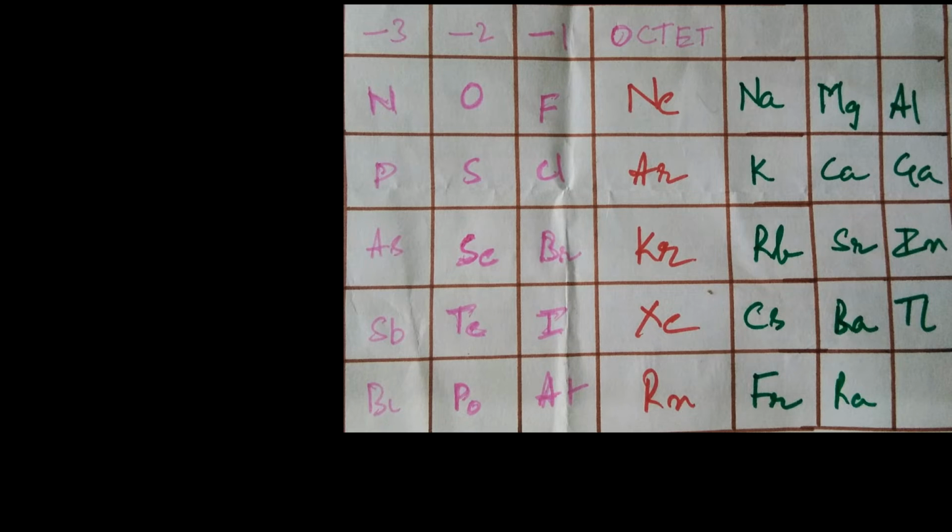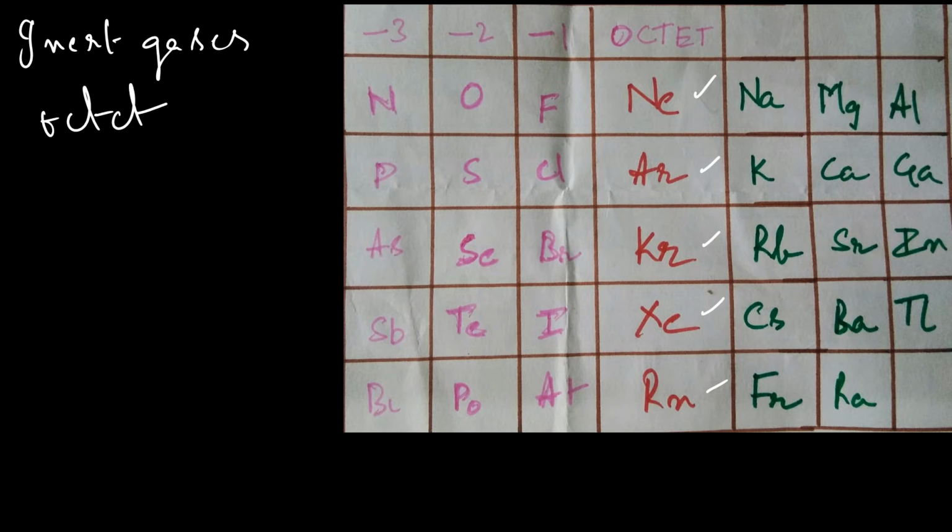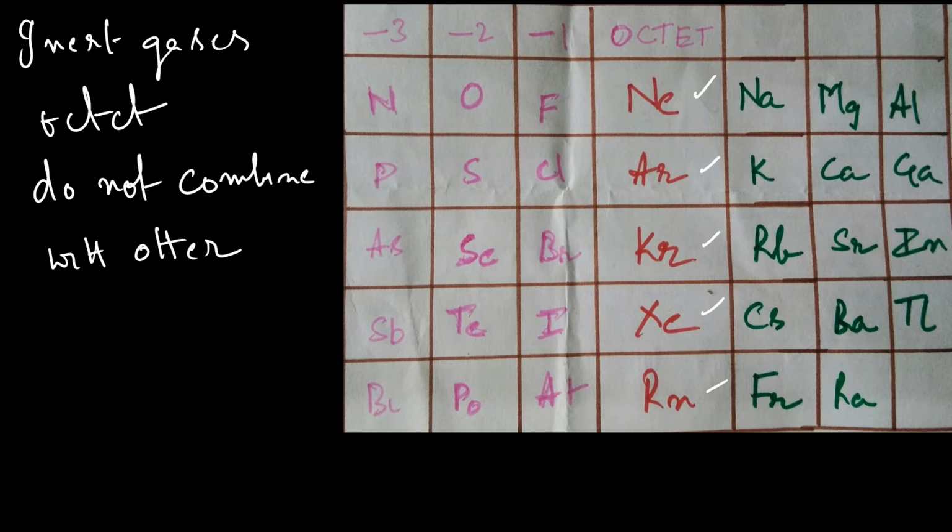Here, neon, argon, krypton, xenon, radon are referred to as inert gases. They have octet configuration. Since they have octet configuration, inert gases means they do not combine with others. Why do they not combine with others?